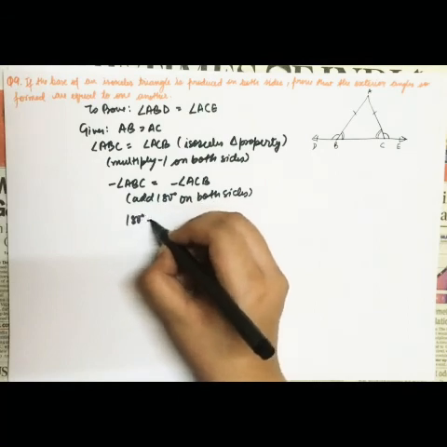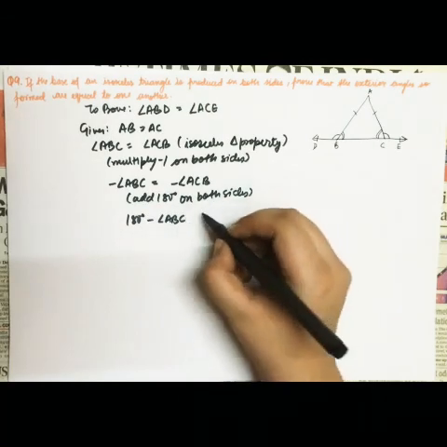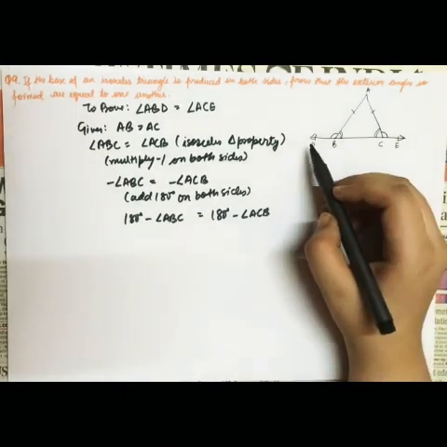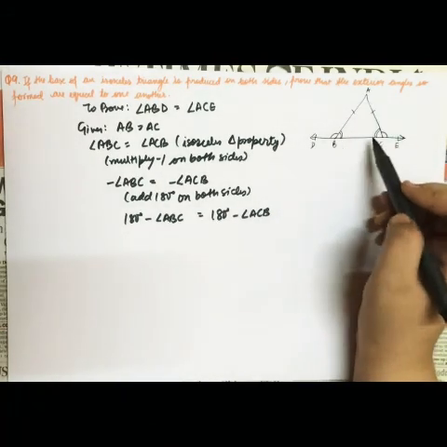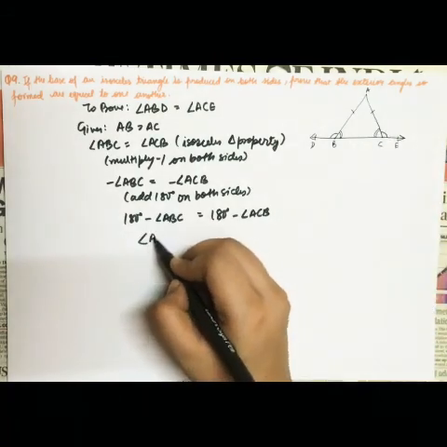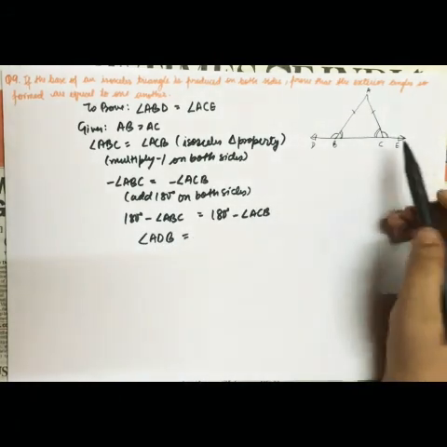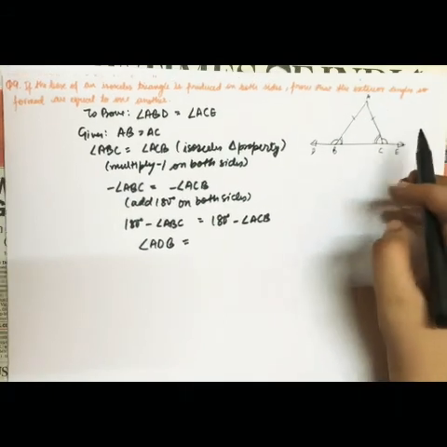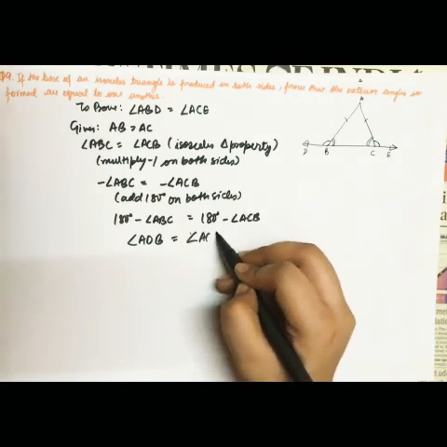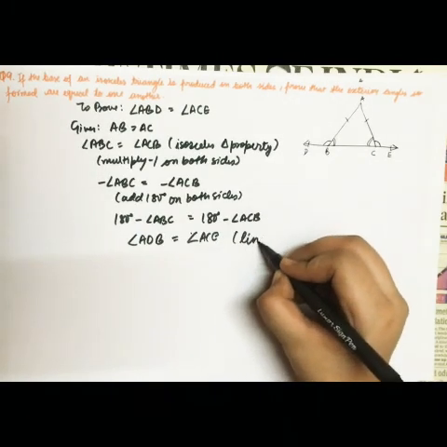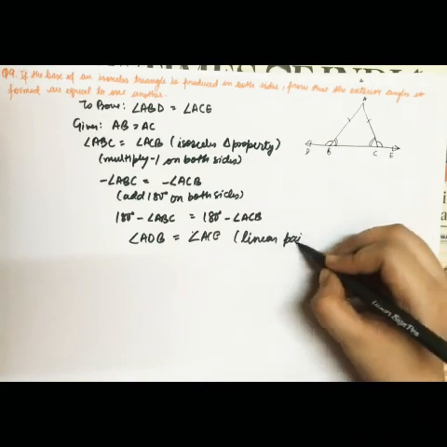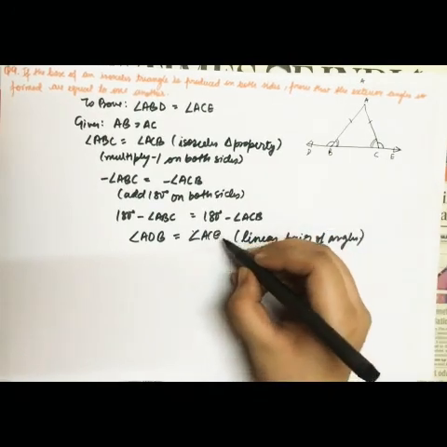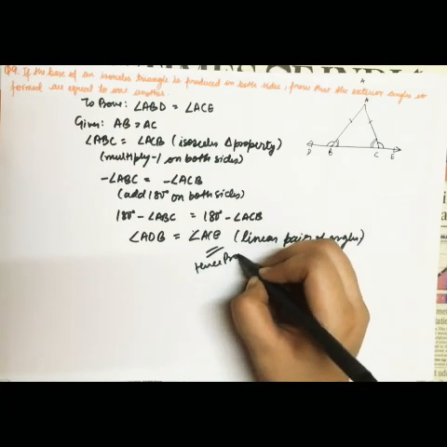Therefore 180 degree minus angle ABC is equal to 180 degree minus angle ACB. So here 180 degree minus angle ABC is equal to angle ABD. Similarly 180 degree minus angle ACB is equal to angle ACE because of linear pair of angles. Therefore, hence proved.